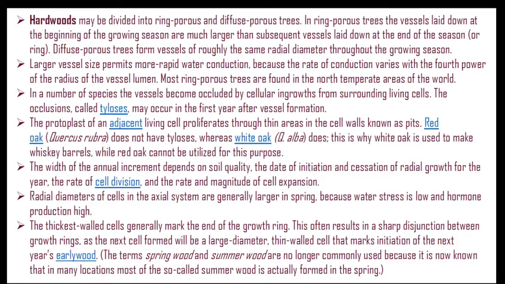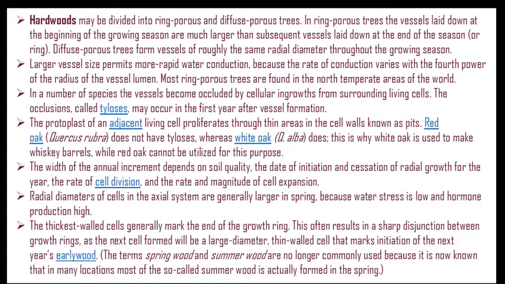So the wood may be divided into ring porous and diffuse porous. Ring porous means a continuous ring, and diffuse porous means diffuse small groups of porous rings.